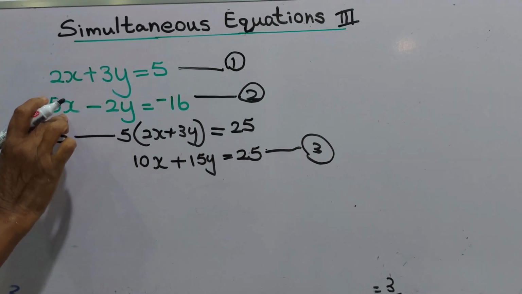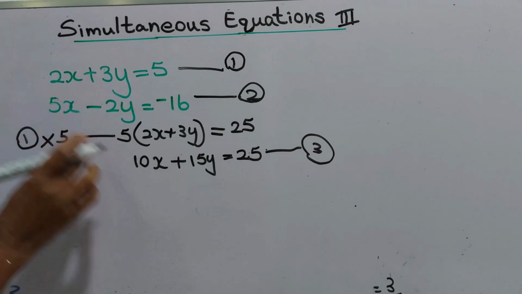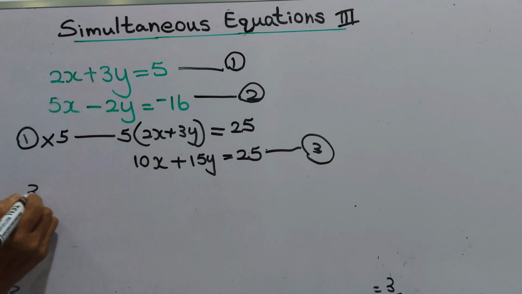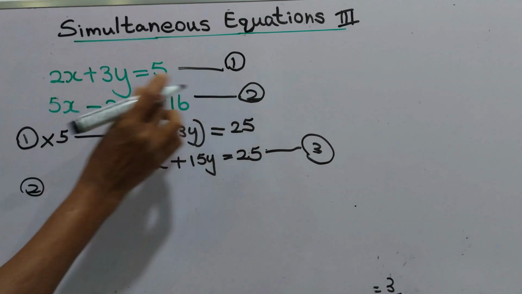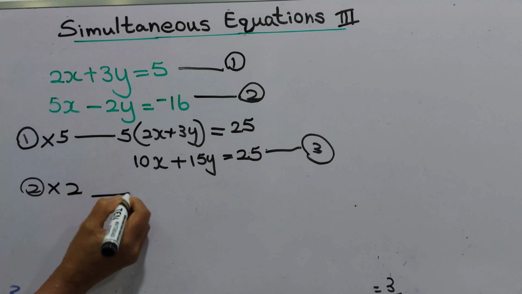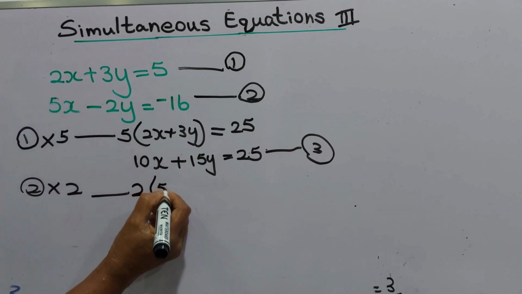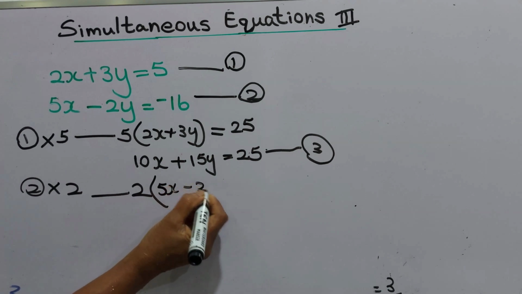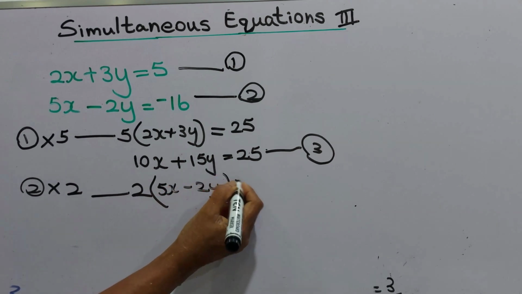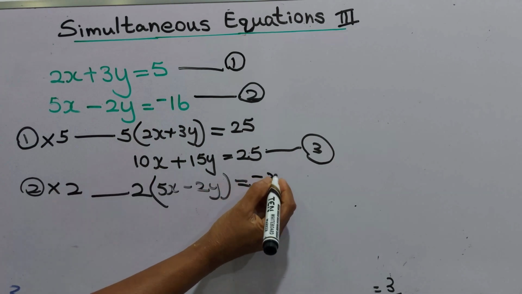Next step, to eliminate this unknown from the two equations, we will multiply equation 2 by 2. Then 2 multiplied by 5x minus 2y equals minus 16 times 2, which is minus 32.